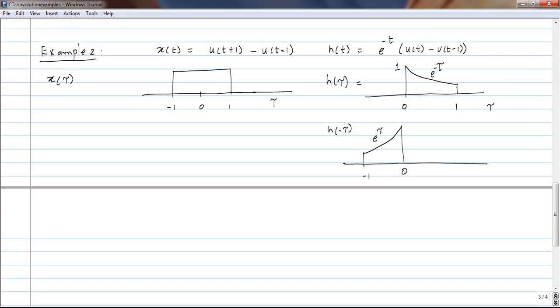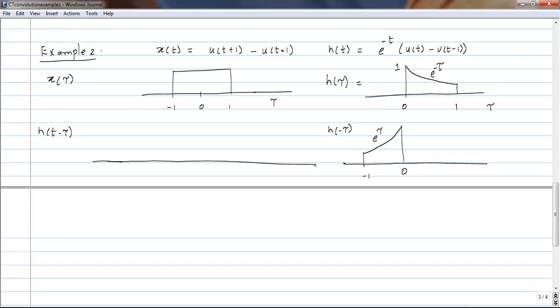Okay, now what I want to do is to find h of t minus tau and then multiply x of tau with h of t minus tau. Now the issue here is h of t minus tau and x of tau may or may not overlap depending on what t is.